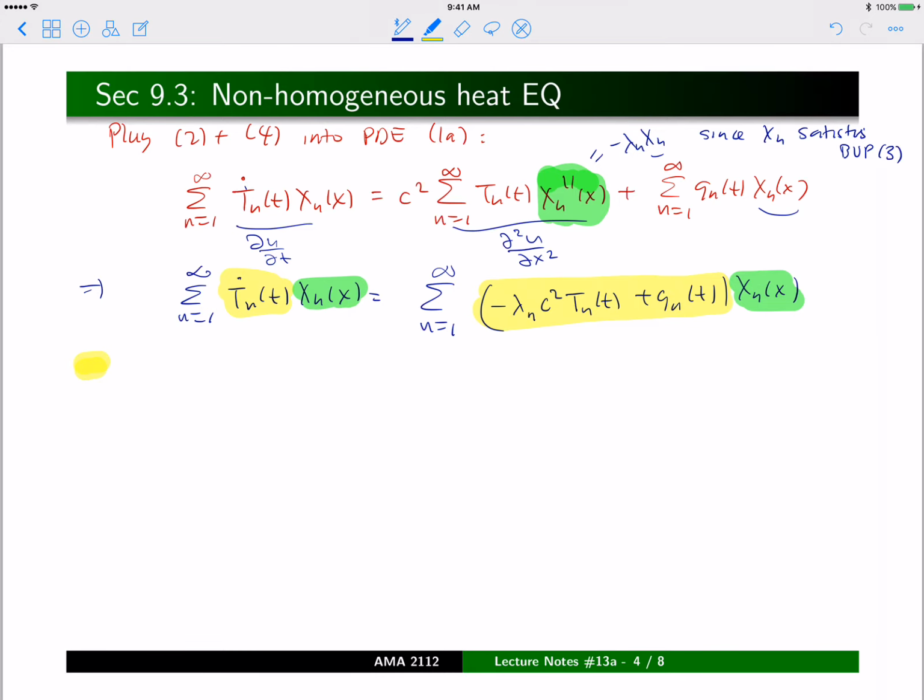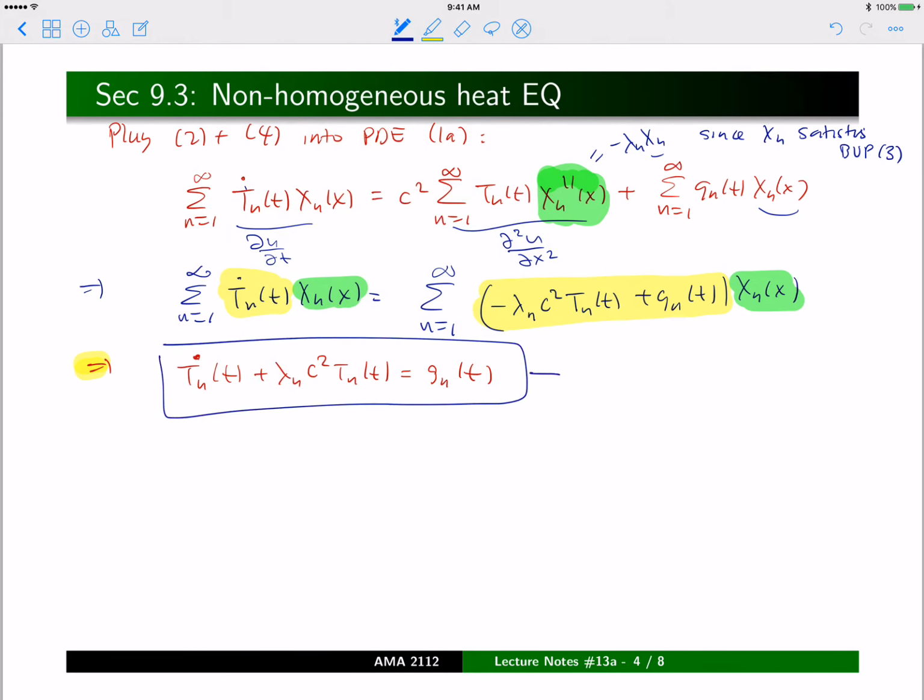So just bringing over this one term, that implies the ODE for Tn, where Tn dot means the derivative with respect to time, plus lambda n c squared Tn of t is equal to gn of t. So this is the ODE for Tn of t in time. Let's call this equation 6.